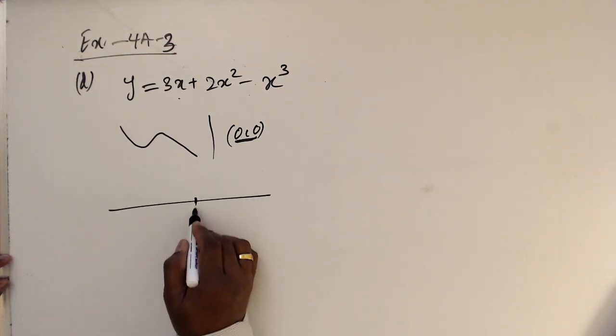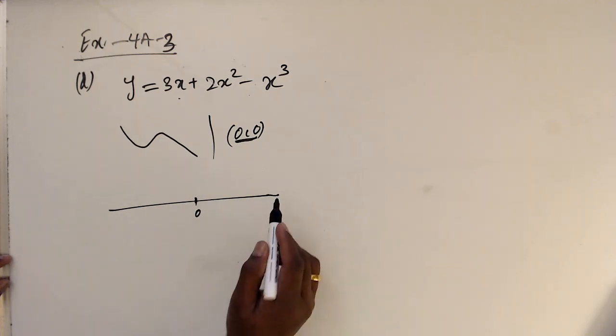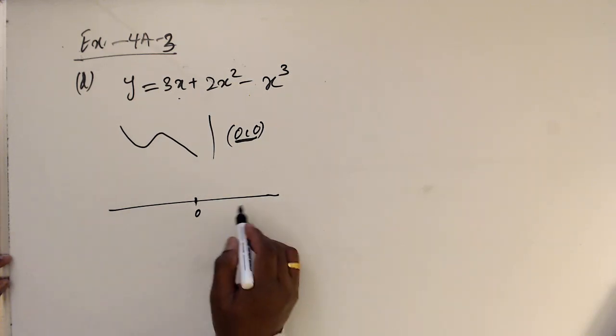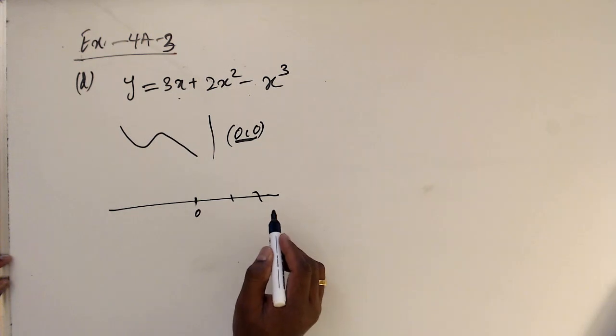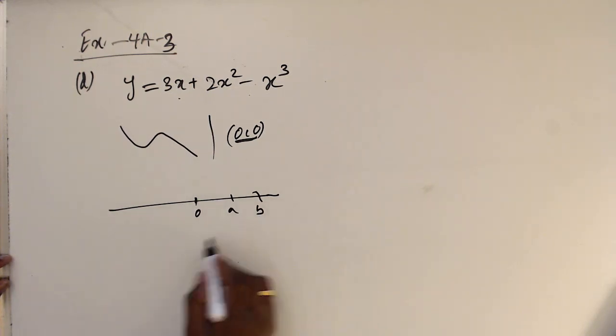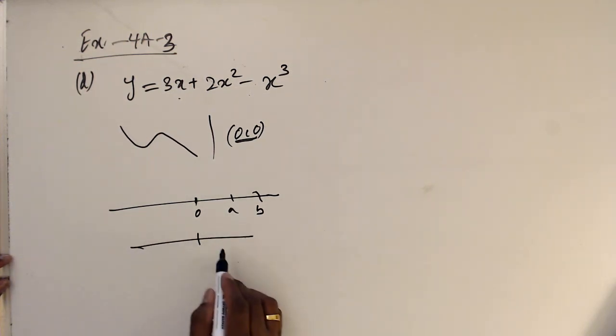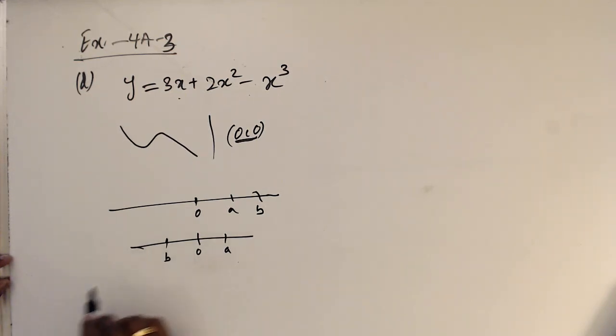If I take 0 here, the other two roots can be on this side, let's say A and B. Or another option is one is here, another one is here.